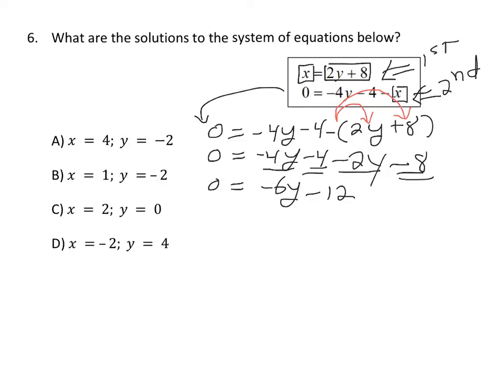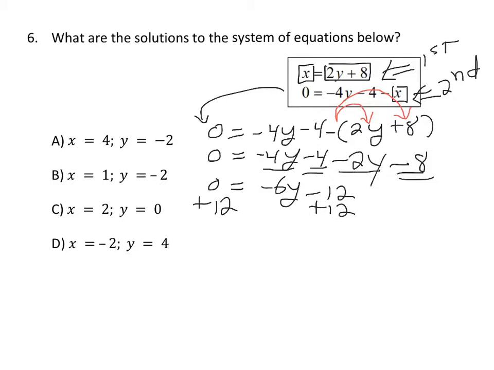In this case, we can cancel either negative 6y or negative 12. But because we are so used to canceling the constant in the classroom, why don't we just add 12 on both sides?